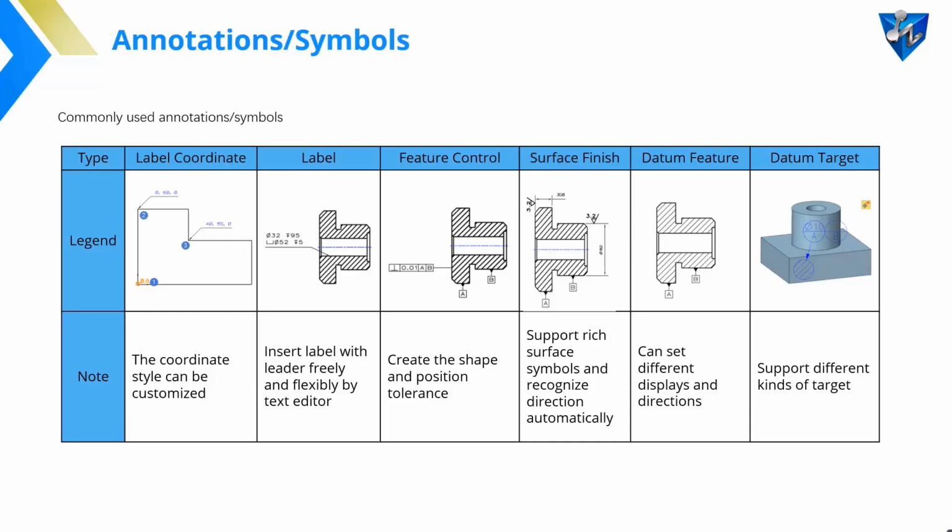Okay, we just learned about dimensions, and how about annotations and symbols? Here we list the commonly used annotations and symbols, and I will show you in a case what kind of settings we can do.